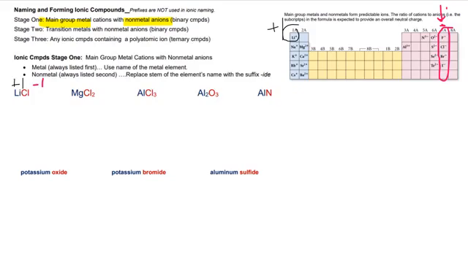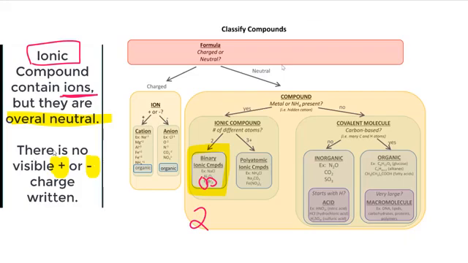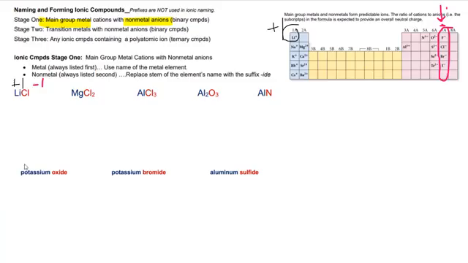Now, the biggest thing that we just said in the prior slide was that they are overall neutral. So if I look at lithium with a +1 charge and chlorine with a -1 charge, we know that +1 and -1 added together is neutral. So we are able to say, hey, lithium chloride is an overall neutral compound with 1 lithium and 1 chlorine atom together.